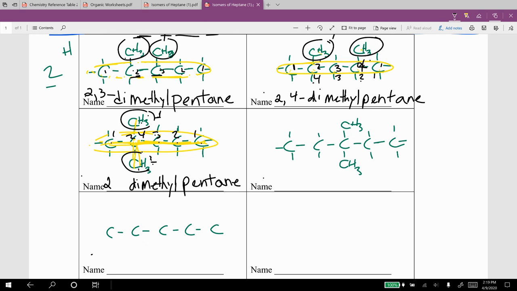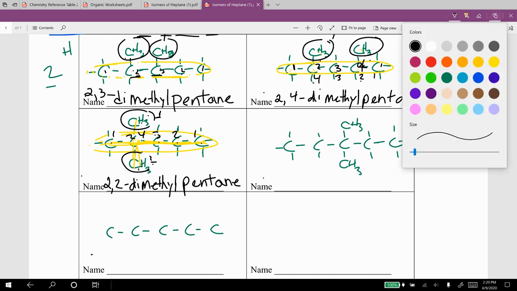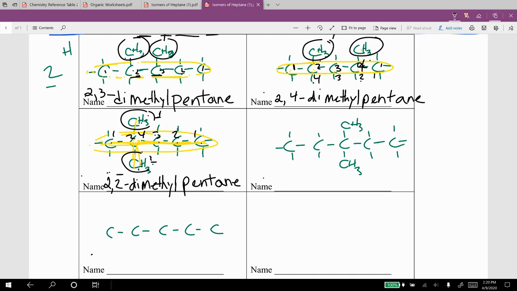I know they're on the same carbon, and it seems weird to you, but we're going to have to say 2, 2. Because when I take this name and break it apart, that means on carbon number 2 and on carbon number 2 are 2 1-carbon branches on a 5-carbon chain connected by single bonds.